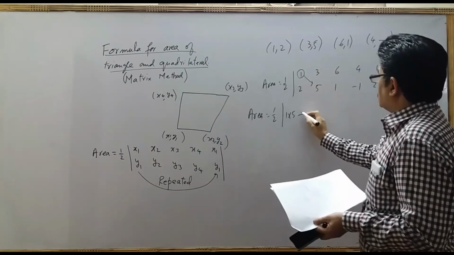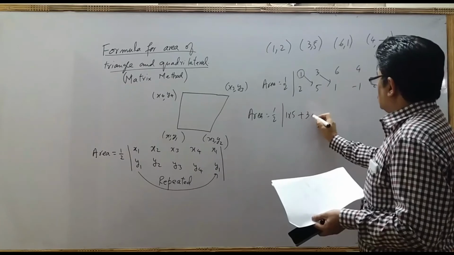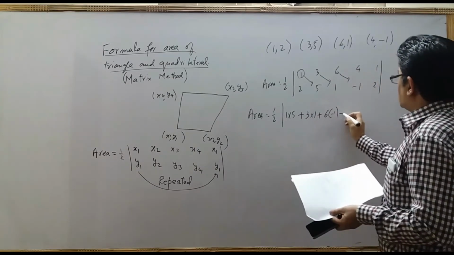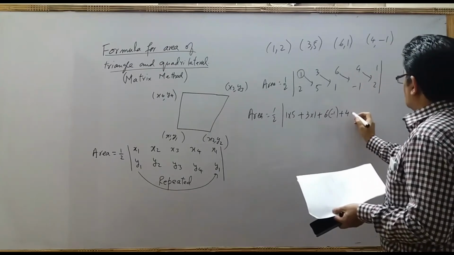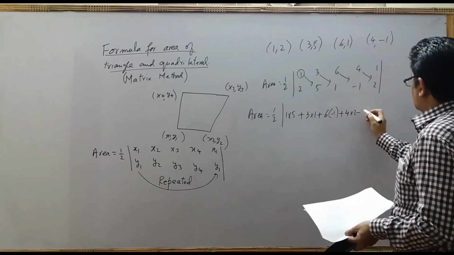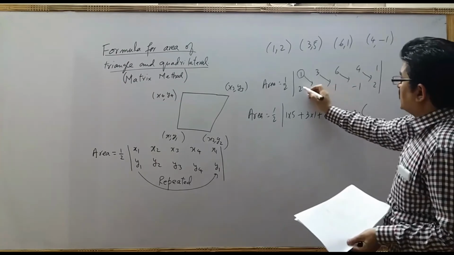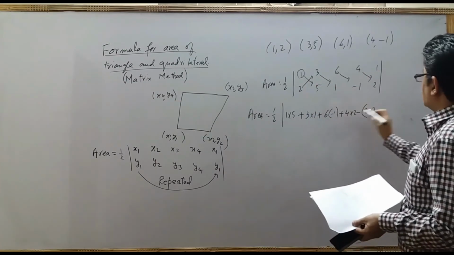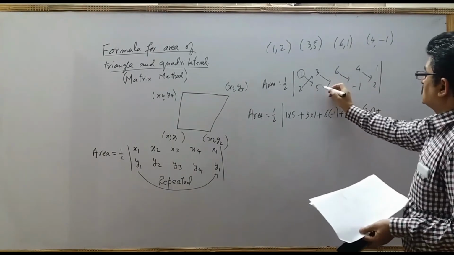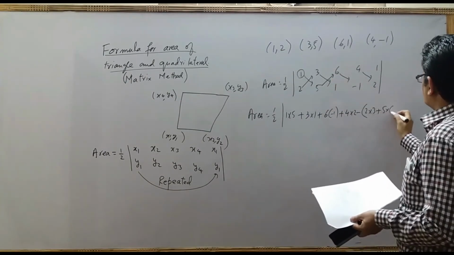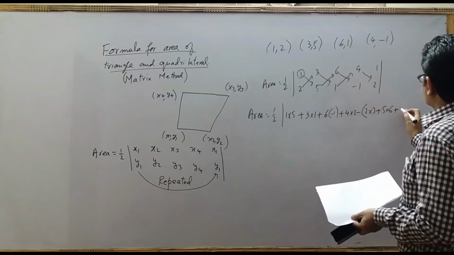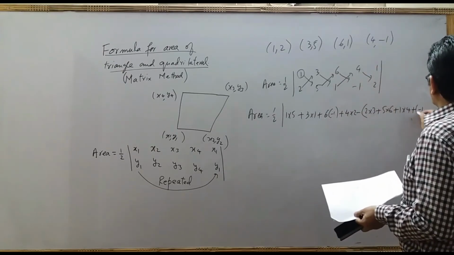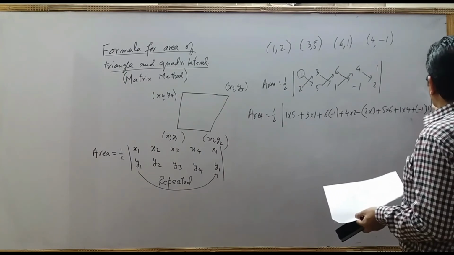1 into 5 plus 3 into 1 plus 6 into minus 1 plus 4 into 2. Then you will subtract. Now start from this element and you will write 2 into 3. Again you will plus 5 into 6 plus 1 into 4 and plus minus 1 into 1.